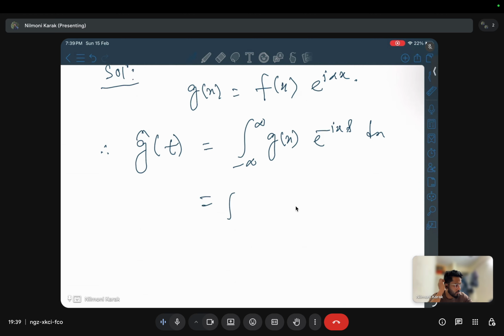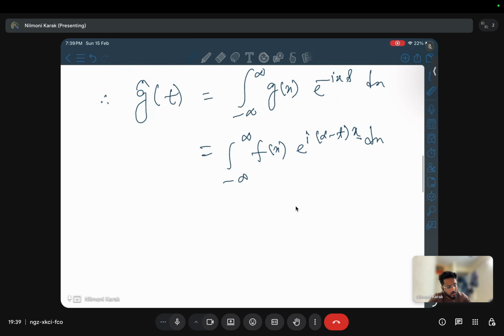Now put in the value of g(x): f(x) e to the power i alpha minus t x dx, and we can write this as f(x) times e to the power minus i times (t minus alpha) x dx.